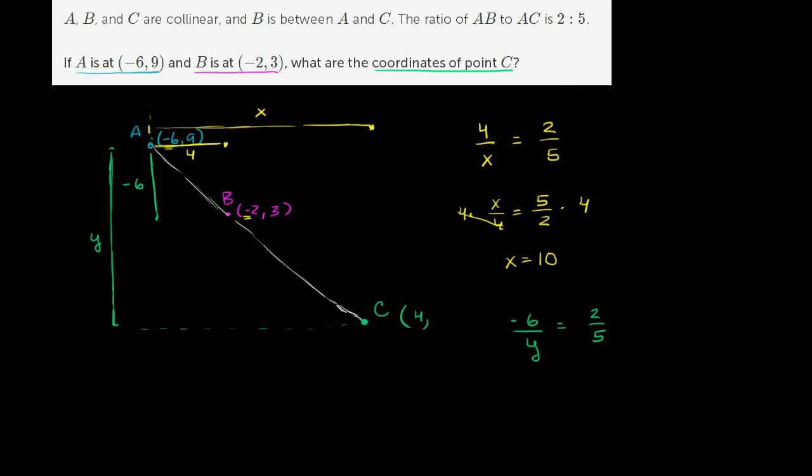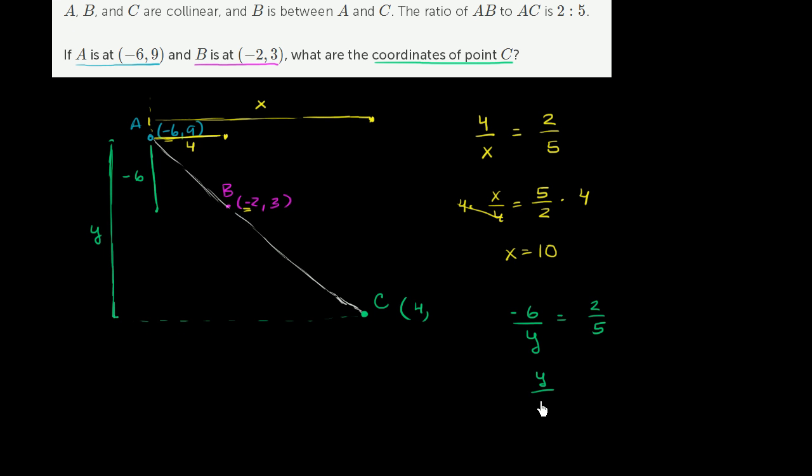Once again, we can take the reciprocal of both sides. y over negative 6 is equal to 5 over 2. Multiply both sides times negative 6, and we are left with y is equal to 5 times negative 6, which is negative 30, divided by 2 is negative 15. So our change in the vertical axis, which we're calling y, is negative 15.